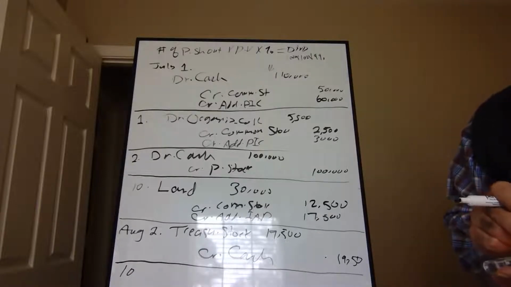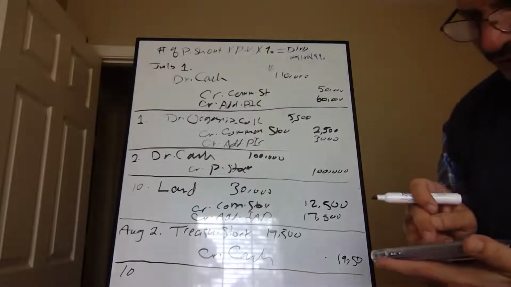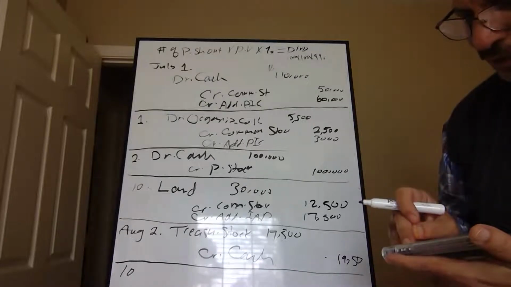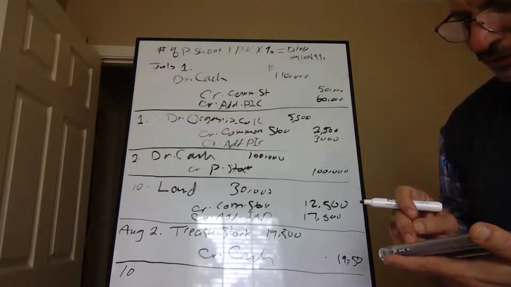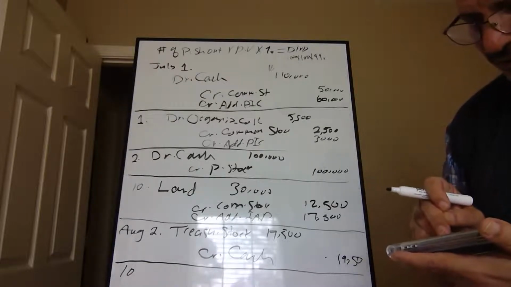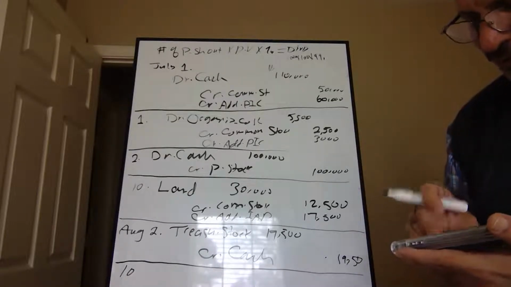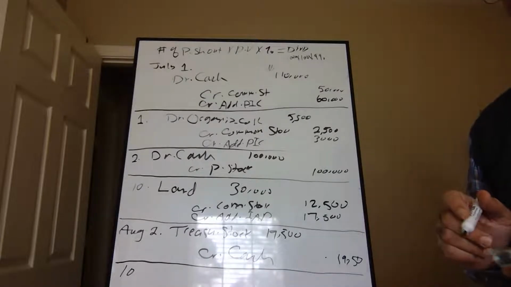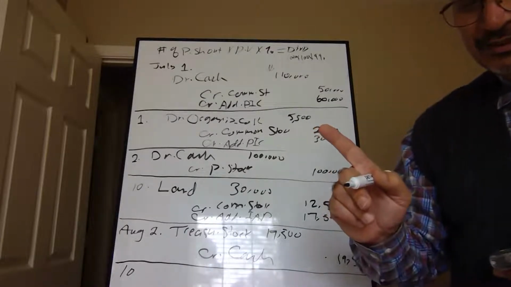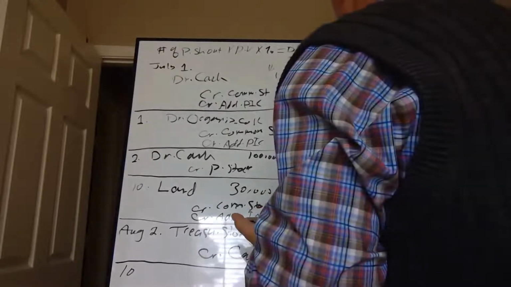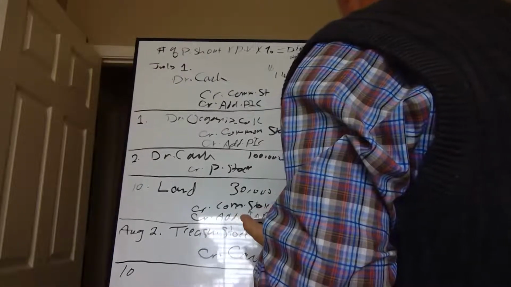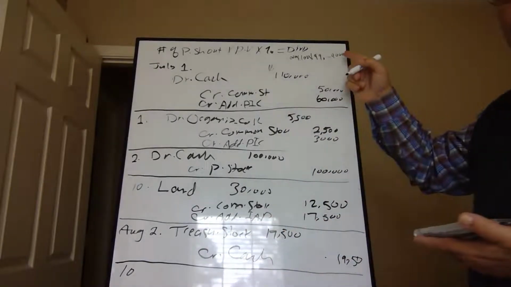Okay, let's find out. 1,000 shares times 100 par value times the percentage given, 9%. So that's $9,000 for a year.